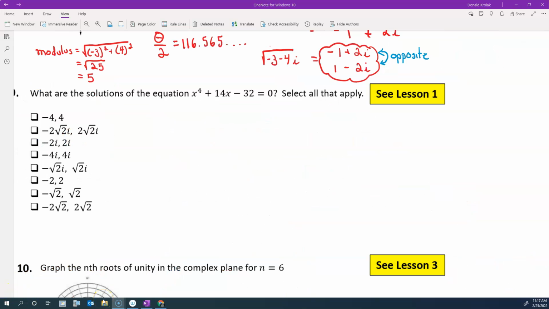What are the solutions to this equation? First thing, there's a typo right here, so you're going to add a square on that x. Okay, and we want to find the roots to this. So we know that it's going to have 4 roots.